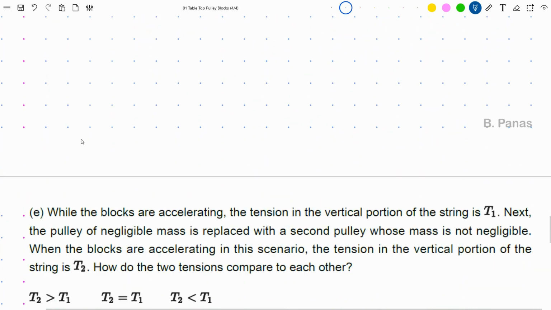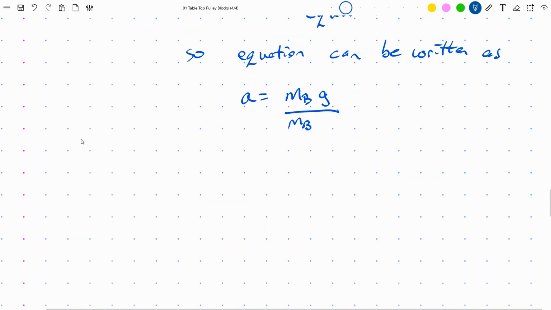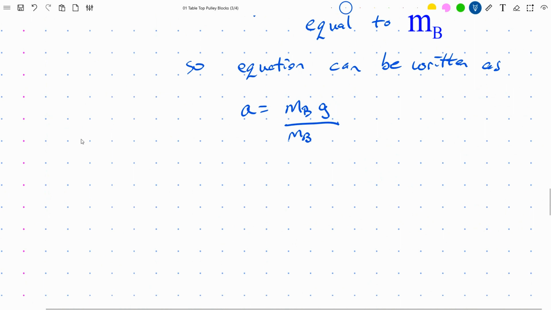At which point, the acceleration is equal to G.